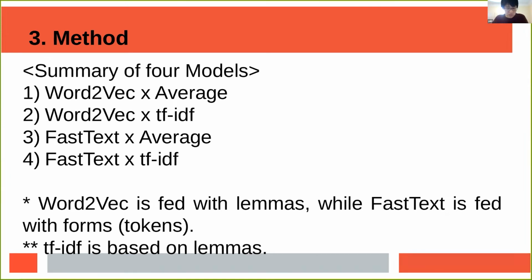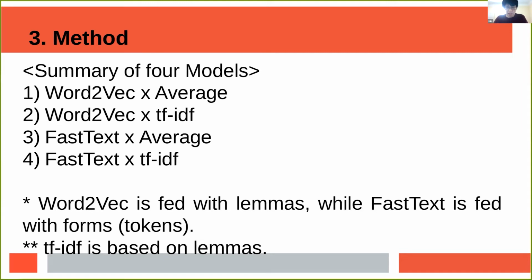So this is the summary of the models. I introduced two new aspects, namely word vector type and the method of creating chapter vectors. Each aspect has two choices. So 2 times 2 is equal to 4.